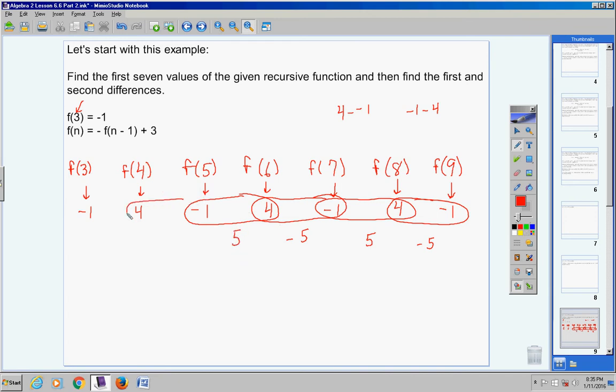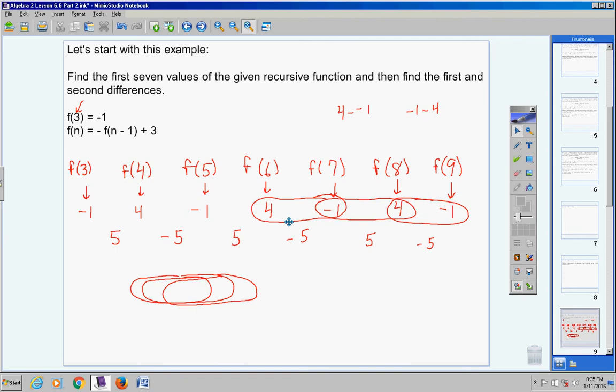Now, negative 1 minus 4. Negative 5. Next, 4 minus a negative 1. 5. So if you'll look what I did, students, very carefully, I wrote the differences. I'll show you in a second. Let me get rid of all these circles.